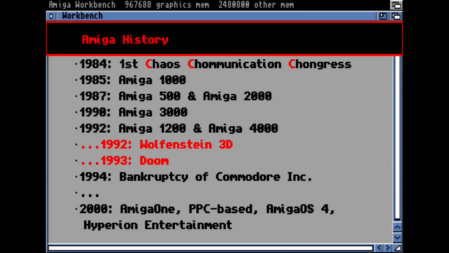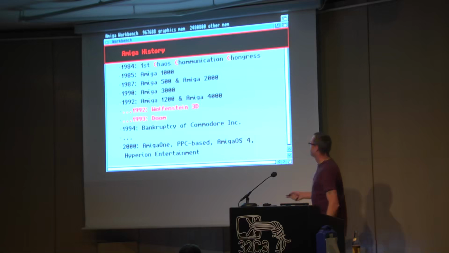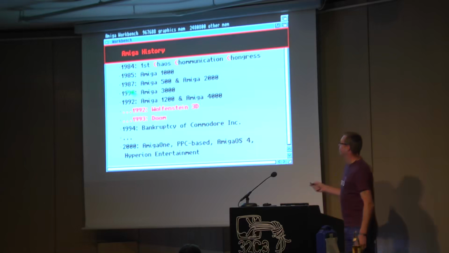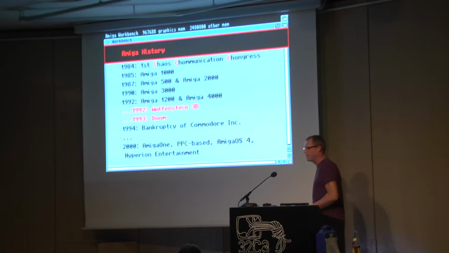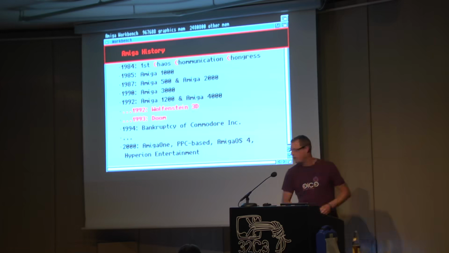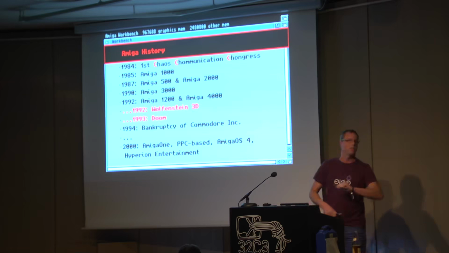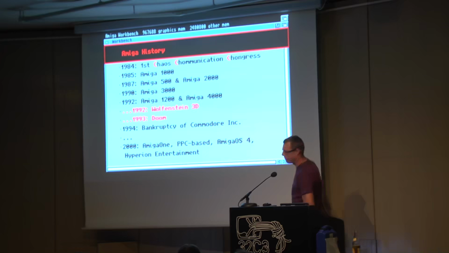One had more capabilities for expansion and slots and so on, but the basic hardware was actually the same. Many years later, in 1990, the Amiga 3000 model appeared, and later they came up with other models like the 1200, which appeared in 1992, and the Amiga 4000 model.